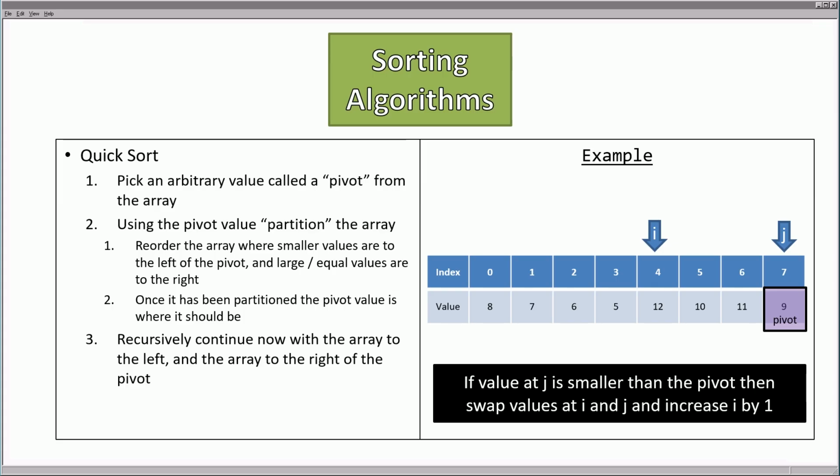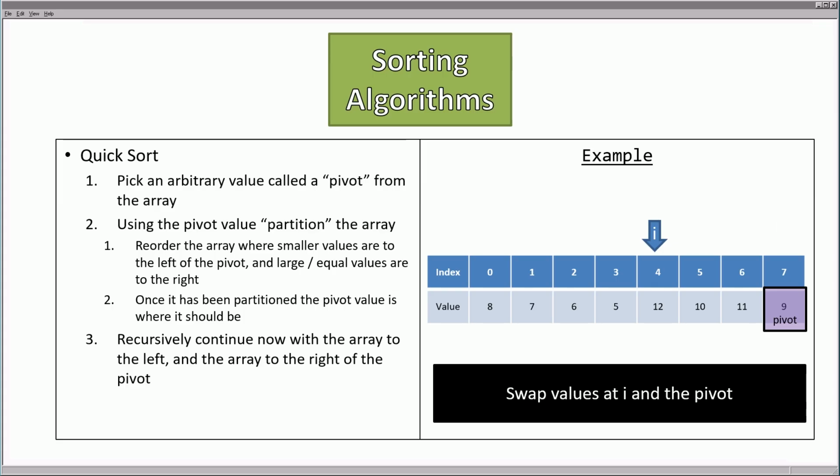So once we're outside of that, what we then must do is swap the values at i and the pivot. And now what we have here is the value 9, where the left-hand side of this array is all the values less than 9, and all of the greater values are on the right-hand side. This i right here indicates where the pivot should be.